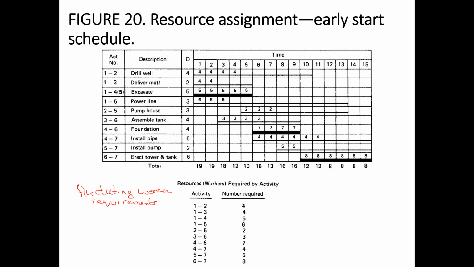So for example, this fluctuation is from 19 at the highest level to 8 at the lowest level, right? So if we can reduce this type of fluctuation as much as possible, then this will be good for the project management, for the construction management.